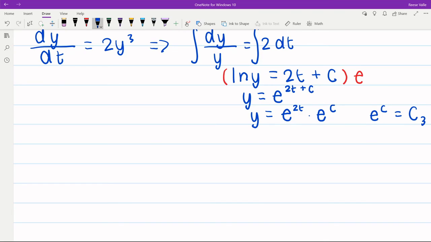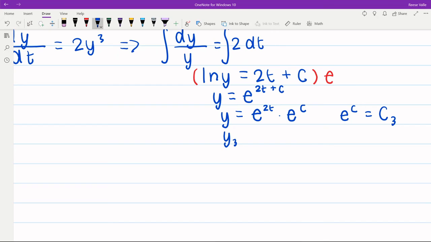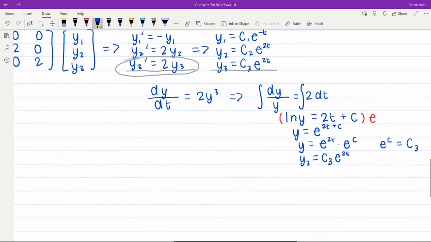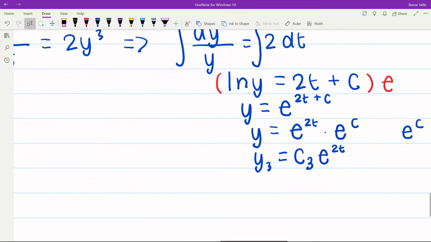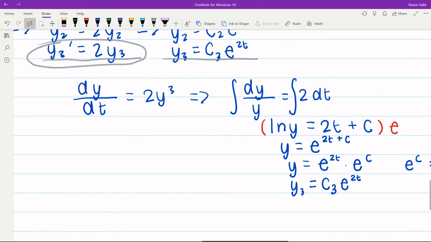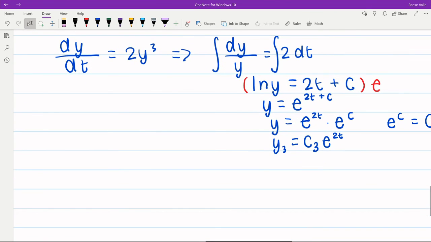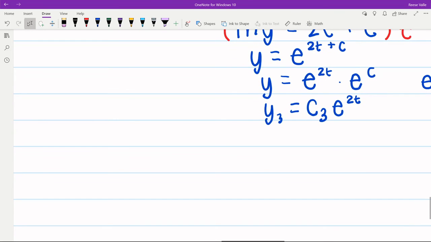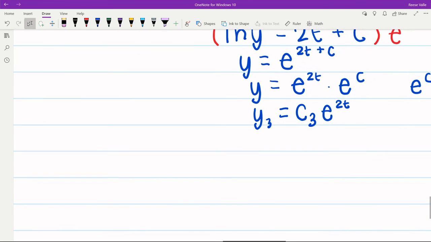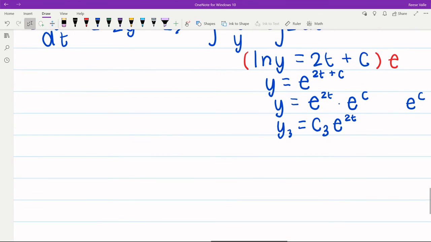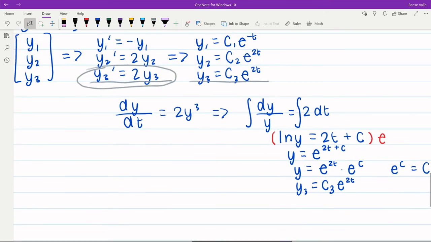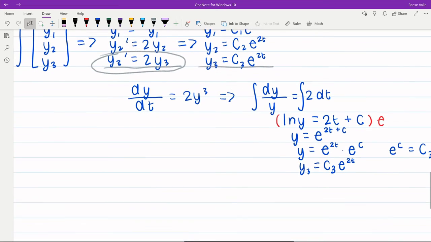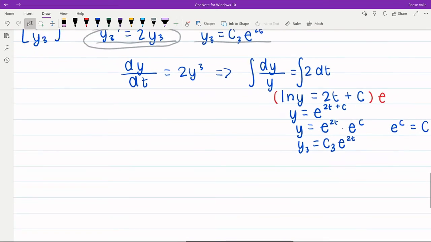So y sub 3 equals c3 e to the 2t. There you go, that's how you do it. And you do the same thing for the second term. So y2 is exactly the same, except you replace y with y2 and the constant with c2. And it'll be the same thing for -1 as well. It's just the top term that's different.